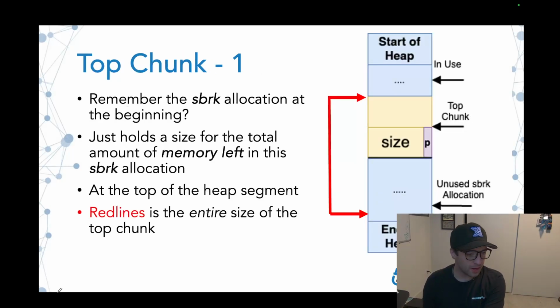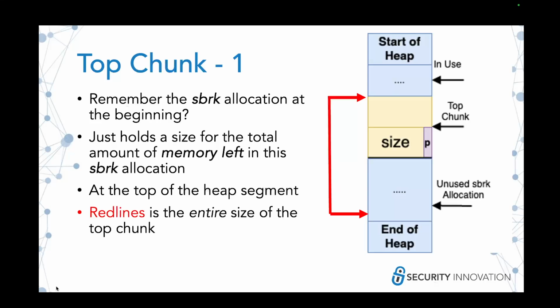I'm going to have to remove my camera for a bit for these slides. So the technique has to do with the top chunk. If you remember the top chunk, it is the leftovers of the sbrk allocation done after we create the heap. You need to know how big this is because in the future it may need to extend it.